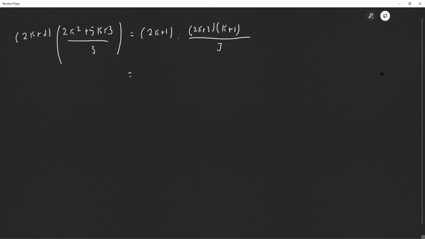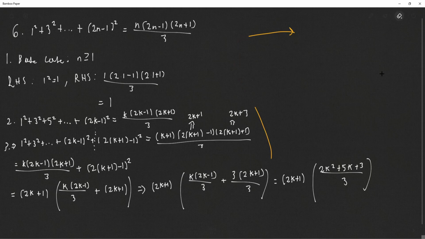Which, once you simplify a little bit more, by just putting in our 2k plus 1, this gives us k plus 1 times 2k plus 1 multiplied by 2k plus 3, all divided by 3.